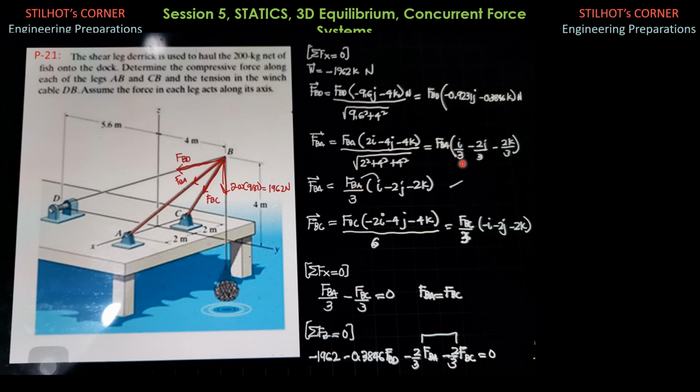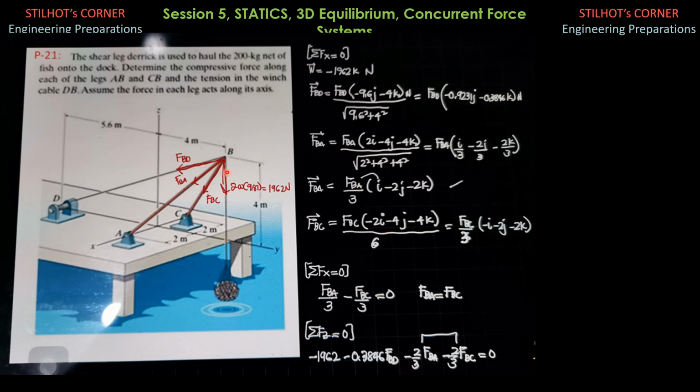FBA is i over 3 minus 2j over 3 minus 2k over 3. So that is FBA. Then we may factor out 3 to simplify it further. So FBA over 3, quantity i minus 2j minus 2k.